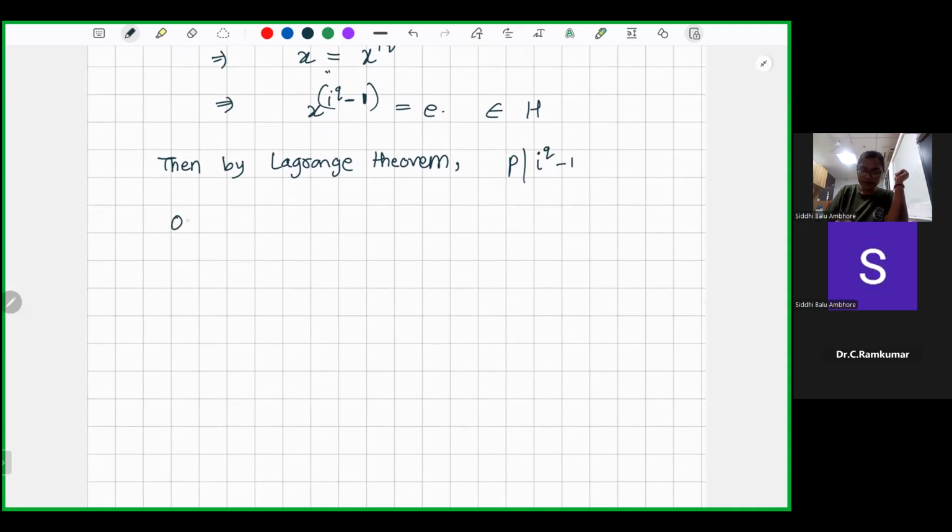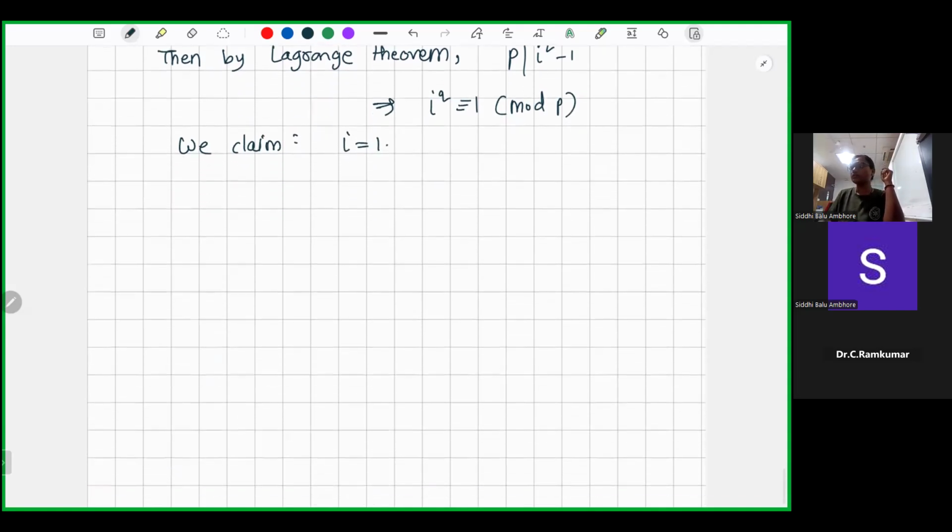So our claim is this: i power q is congruent to 1 mod p. And we claim now that this i is actually 1. Suppose not.